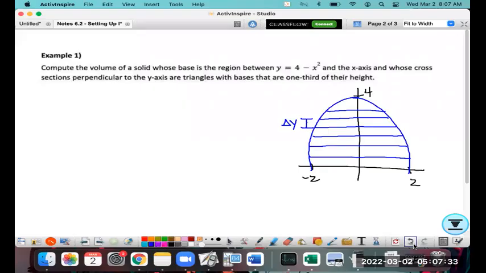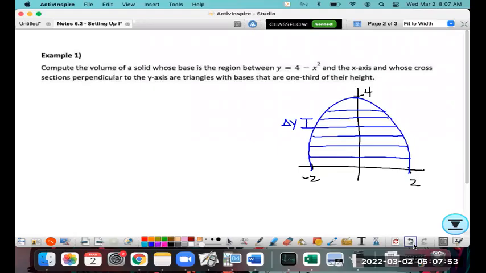Okay. So we have our base region sketched with the cross sections in there, and then the cross sections are labeled with the correct delta y versus delta x. It also tells us that the cross sections are triangles with bases that are 1/3 of their height.